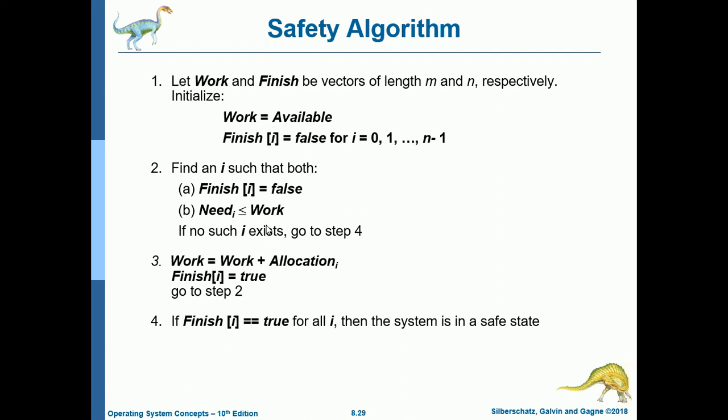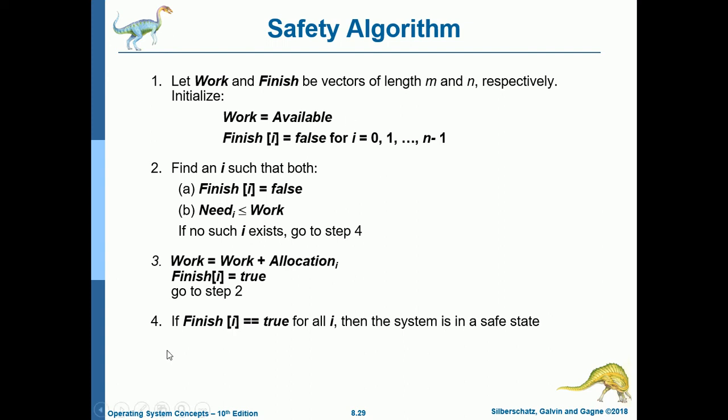If no such i exists, go to step 4. If there exists, then Work is equal to Work plus Allocation[i], Finish[i] is equal to true, then go to step 2. You're going to repeat it until you complete the sequence. And then if Finish[i] is equal to true for all i, then the system is in a safe state.